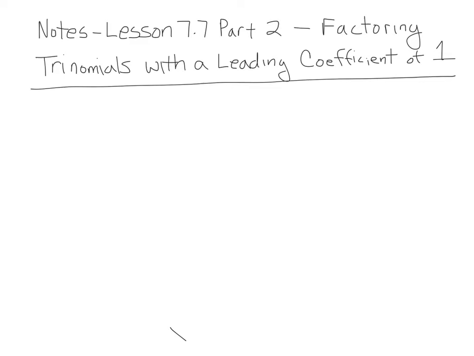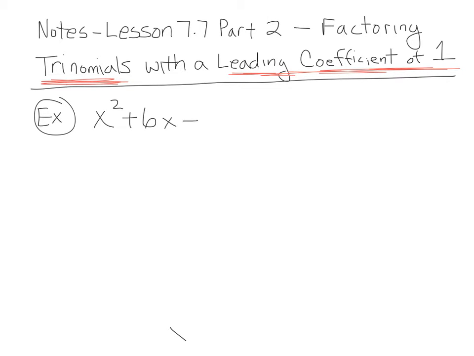Okay, so I hope you know what a trinomial is. A trinomial has 3 terms. You might not know what I mean by a leading coefficient of 1, so let me talk about that. Here's an example: x squared plus 6x plus 8. This is a trinomial.